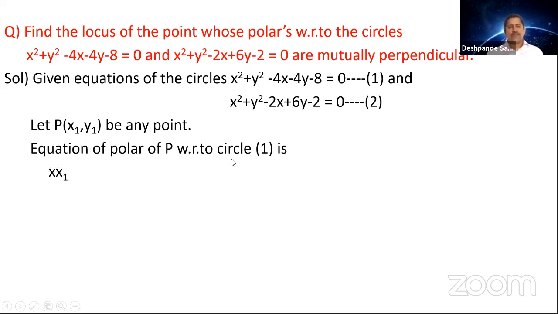Substituting, first write the general equation: xx1 plus yy1, g value is minus 2, x plus x1, f value is minus 2, y plus y1, minus 8 is equal to 0. So you got x at the first place and x at the third place.